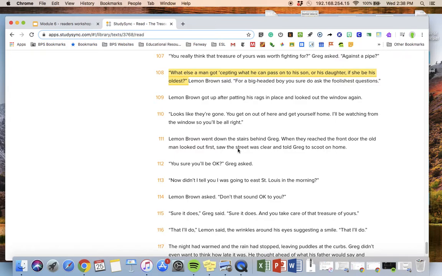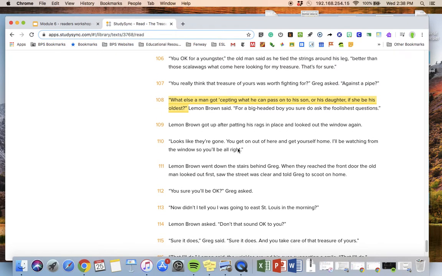One is in paragraph 108, and this is after the people that were trying to rob Lemon Brown have gone away, and Greg is kind of asking Lemon about his treasure, and they tell us that the treasure is just this harmonica and some newspaper clippings that Lemon's son had. And so Lemon tells Greg what else a man got except what he can pass on to his son or his daughter if she be his oldest.